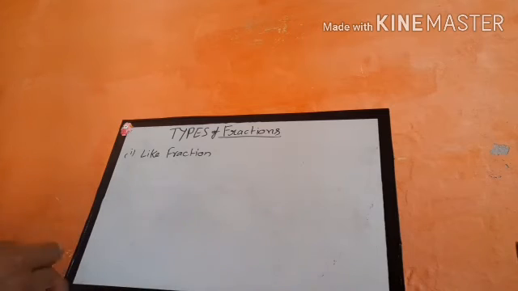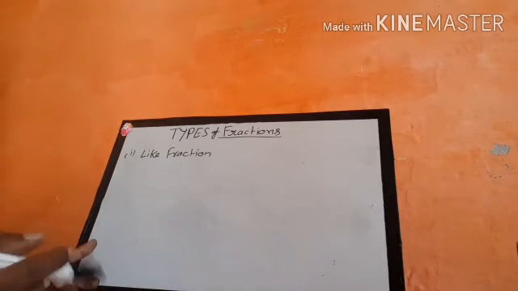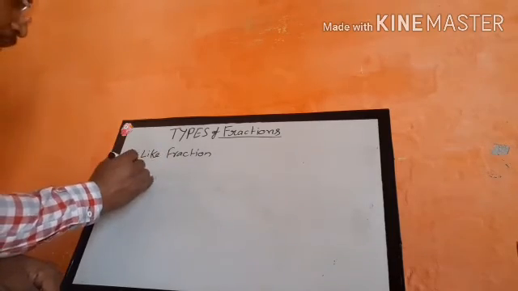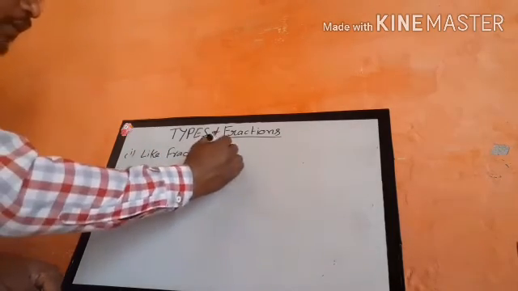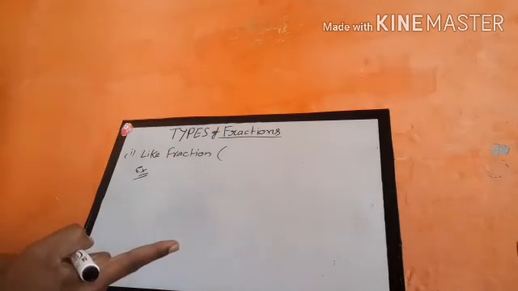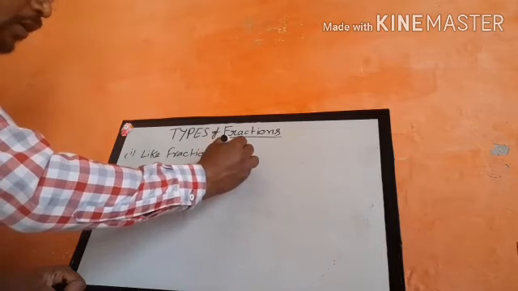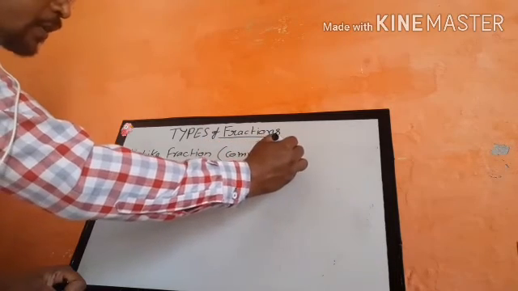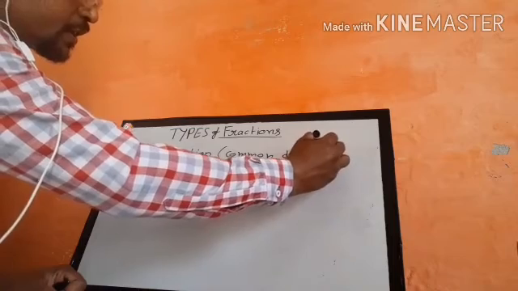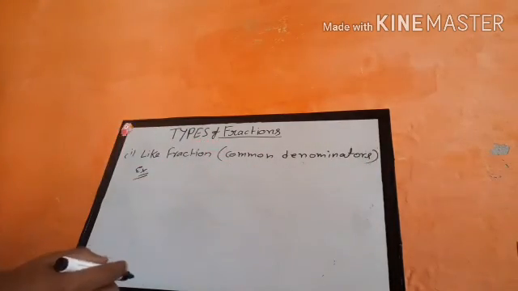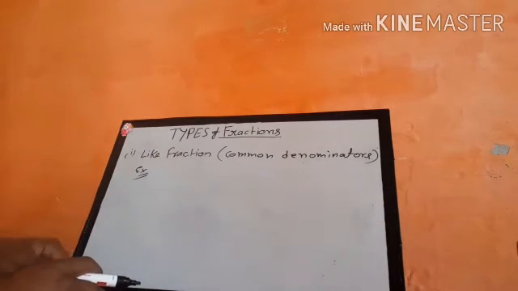So first is like fractions. What fractions are like? The fractions that have the same denominator are known as like fractions, right? For your learning and remembering: those that have a common denominator are known as like fractions.